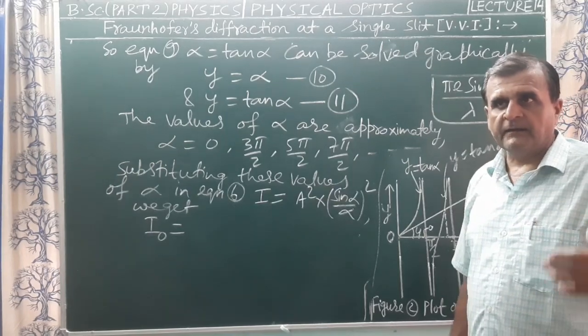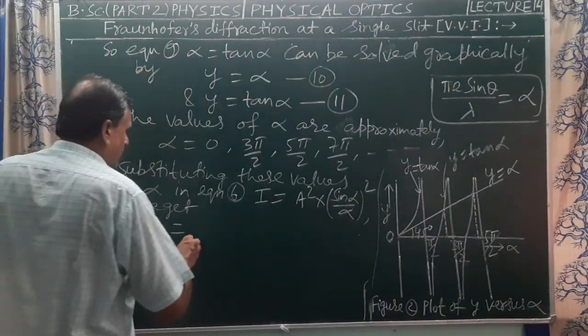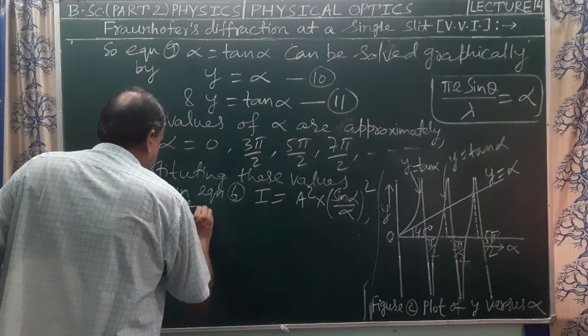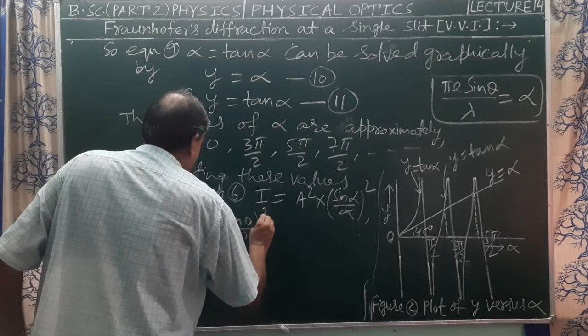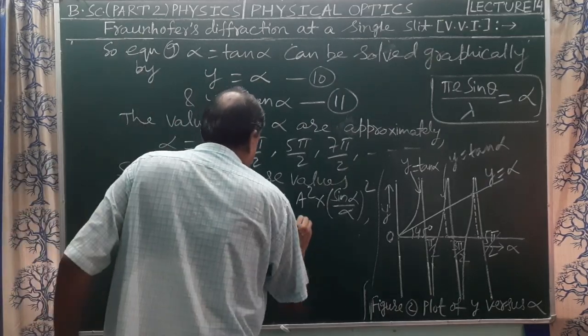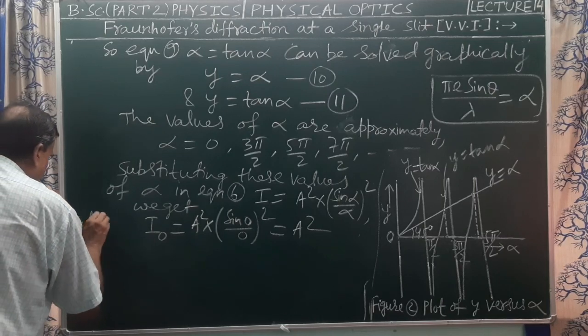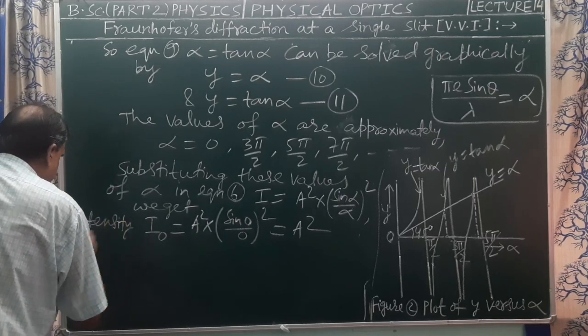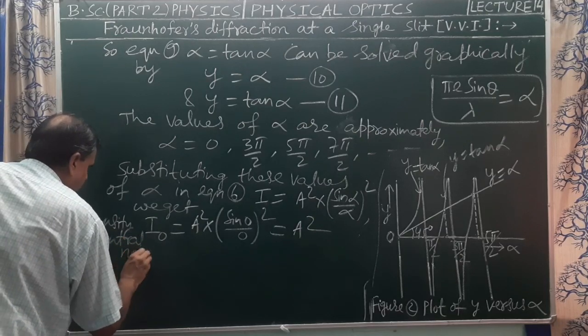The intensity of the central maximum is I0 equal to A square multiplied by sin 0 upon 0 square, that is A square. So the intensity of central maximum is A square.